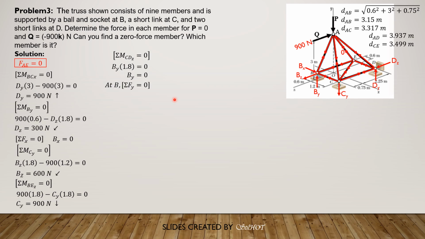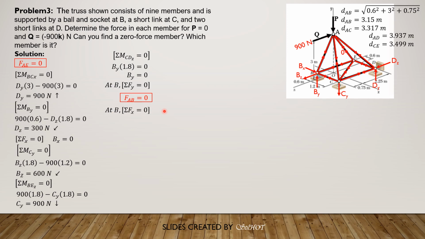Then beginning with B, summation forces y equals 0. So FAB times vertical component 3, distance 3.15, plus nothing equals 0 because By is 0. So therefore FAB is also 0.